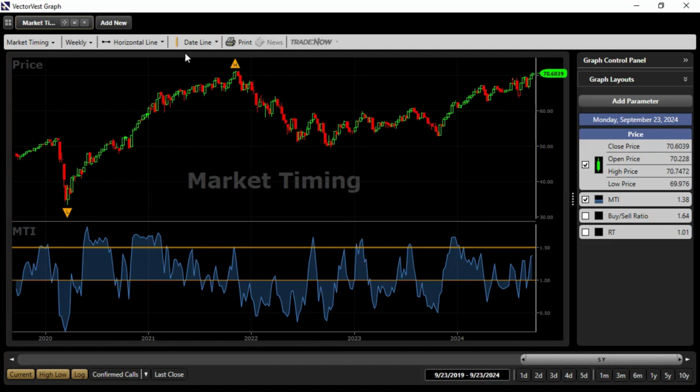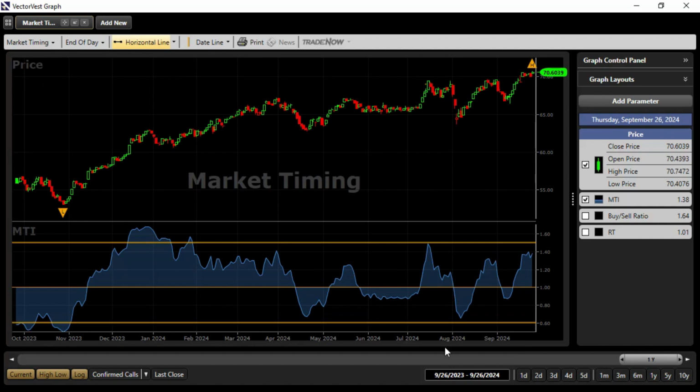So for bottoming levels, let's get our horizontal line out again. We historically look for a level of about 0.60 to capture those lows in the MTI. So when we cross below 0.60, we start looking for a bottom. Let's zoom into 1 year again.